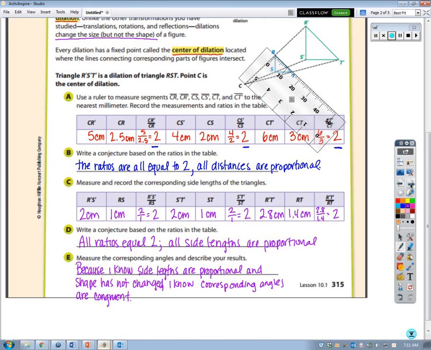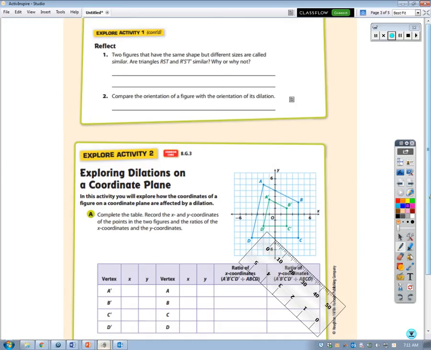So moving on to explore activity 2. Oh, we got a little reflect here. So two figures that have the same shape but different sizes are called similar. Okay? Are triangles RST and R prime S prime T prime similar, and why or why not? So yes, they are actually similar.